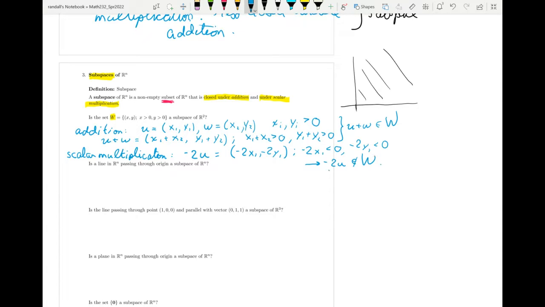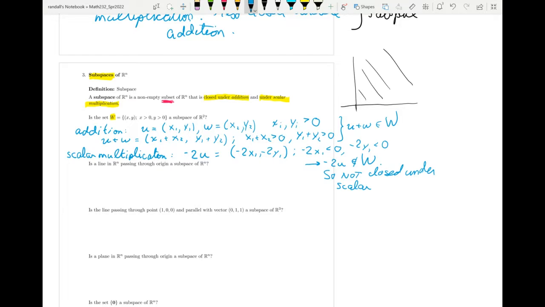So, not closed under scalar multiplication. In some sense, proving a set is not closed is easier, in that you just have to find one example, whereas proving that it is closed is more work because it has to be an exhaustive proof.